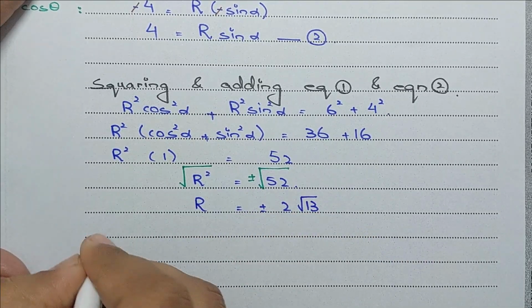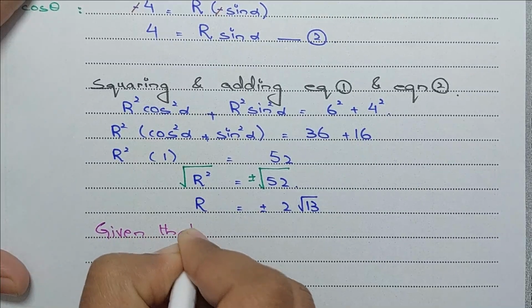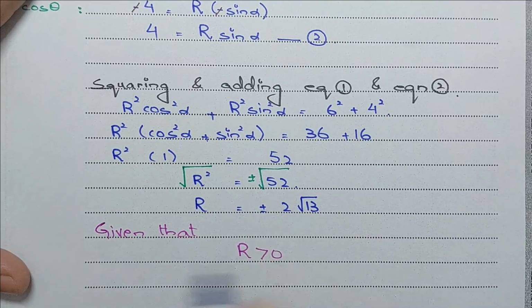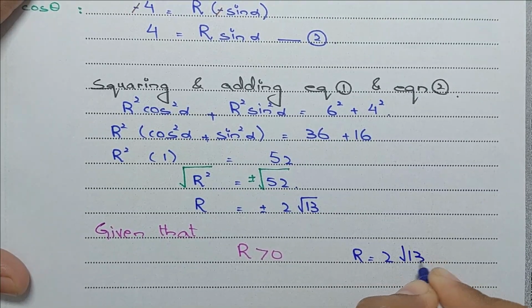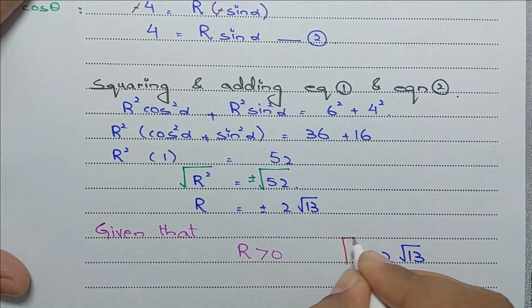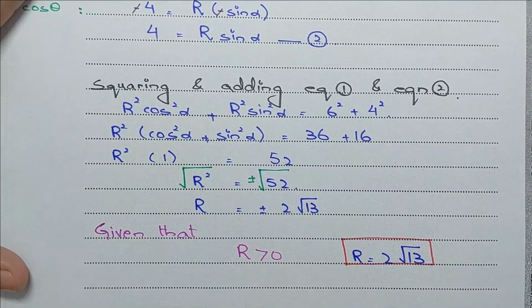So here we have given that r should be greater than 0. So which value of r we have to choose? R is 2 square root of 13. The positive one we need to pick because r is greater than 0. This is the exact value for r we have done.